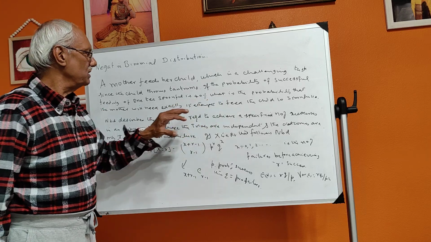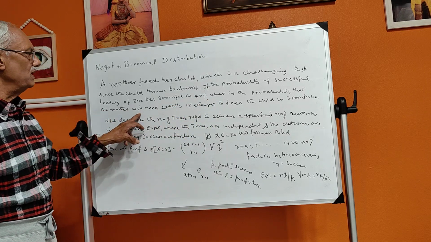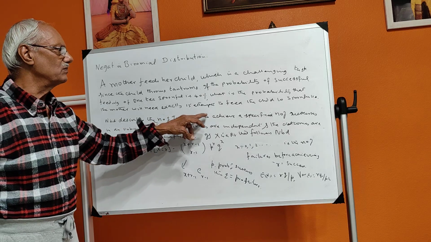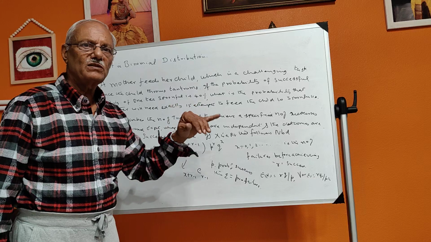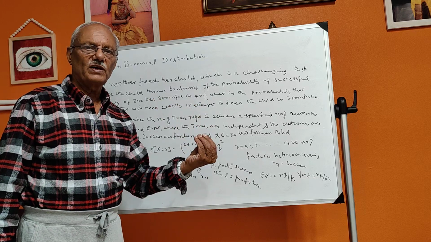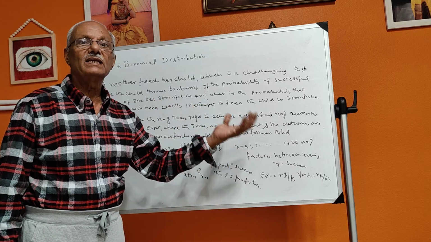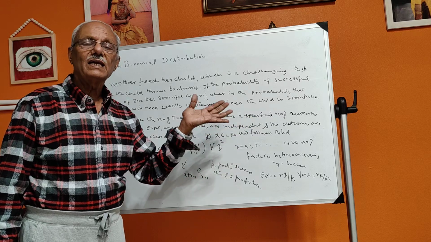Now the question is, what is the probability that the mother will need exactly 15 attempts to feed the child 10 spoonfuls? That means she has to make 15 spoonful attempts in order to make the child take 10 spoonfuls.